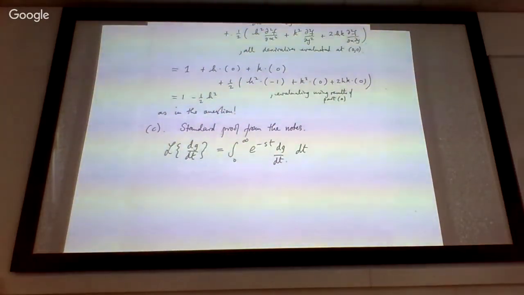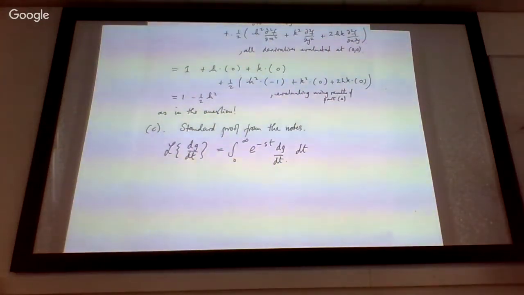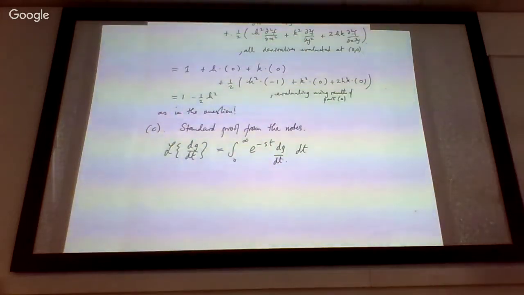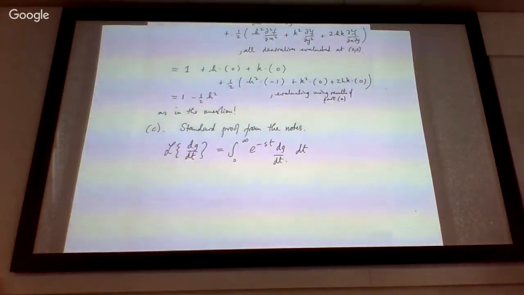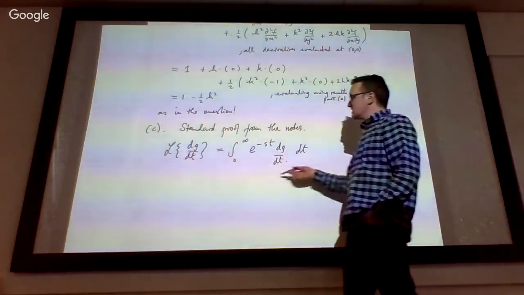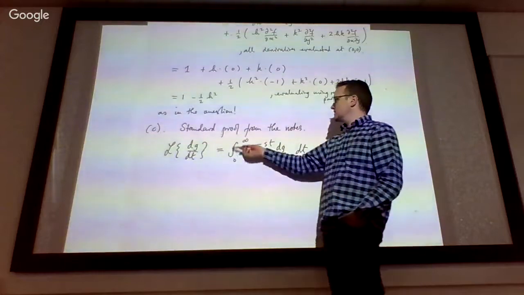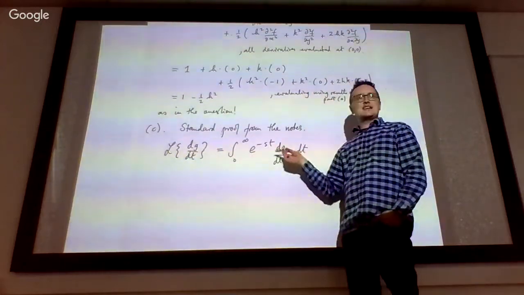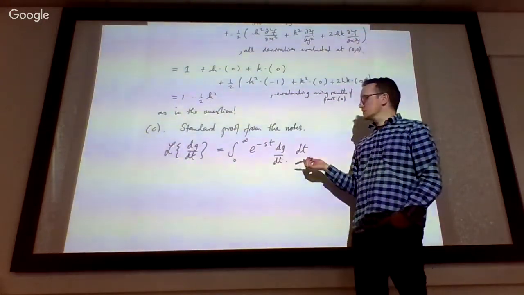Now, what can we do with this? We don't have any specific function g. We're just working generally here. But what we can refer to is the Laplace transform of g. Then we also look at this integral. What possible things can we do with this integral? Well, the integral is set up nicely for integration by parts, okay?